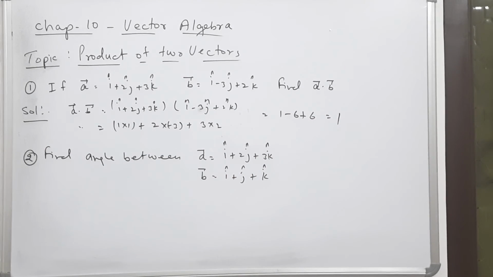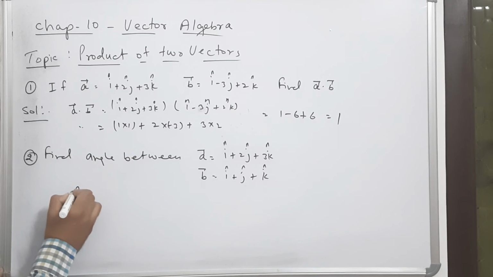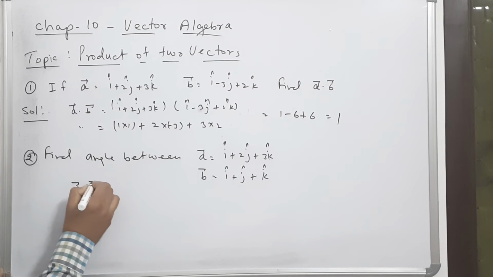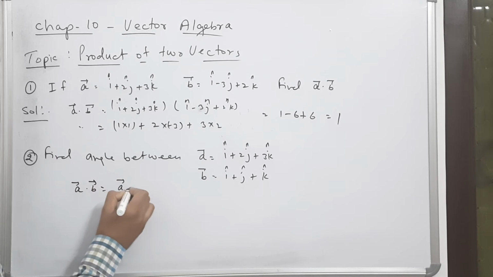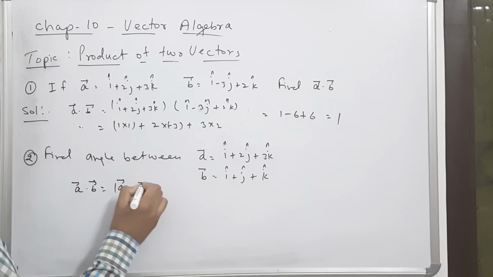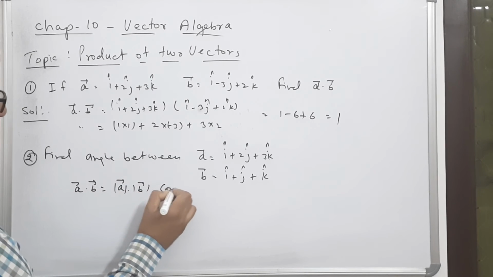The second problem is to find the angle between these two vectors. We have already studied that A dot B is the magnitude of A times the magnitude of B times cos theta.